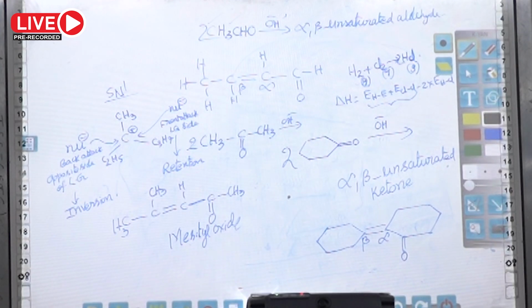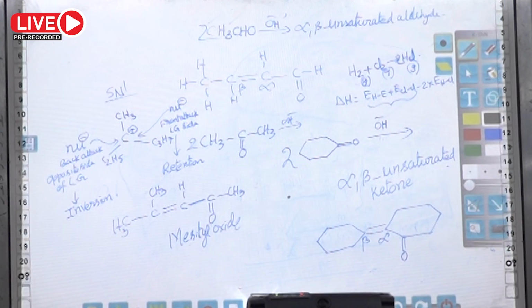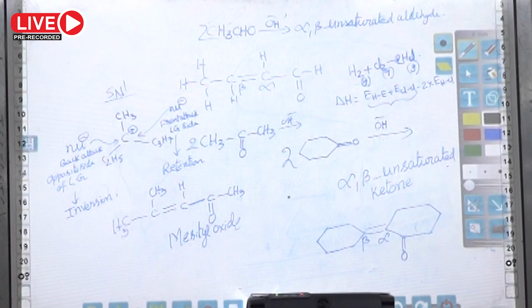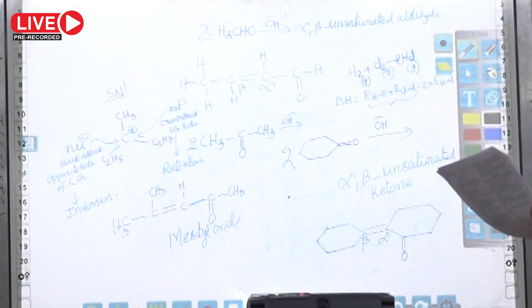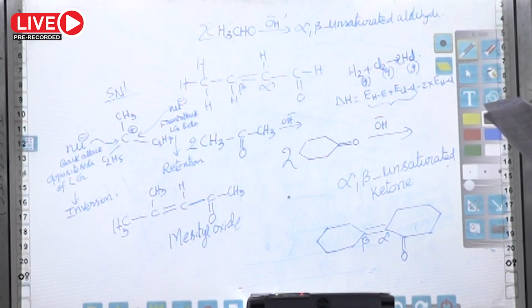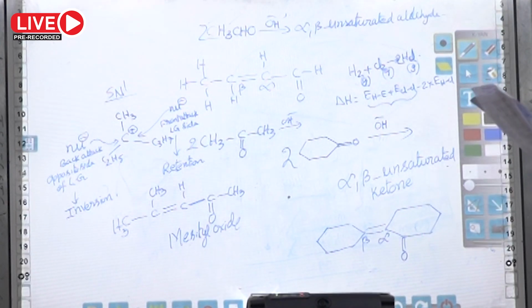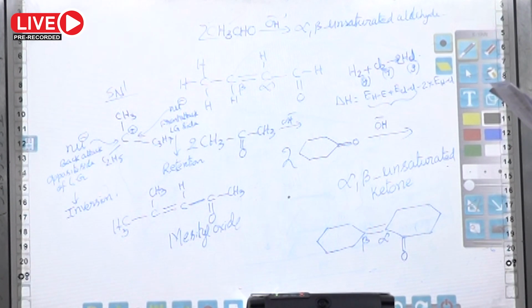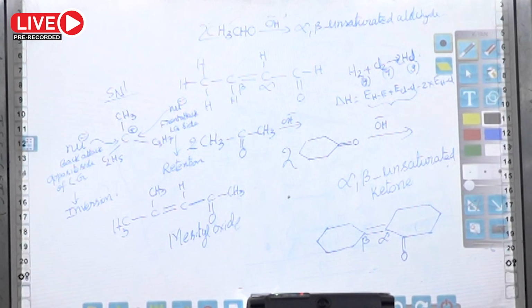But proportionally, inversion is more than retention, because attacking from the same side as the leaving group is somewhat uneasy compared to attacking from the opposite side. That's why inversion is more than retention. Next. This is over. Which of the following can be used as the halide component in Friedel-Crafts reaction.